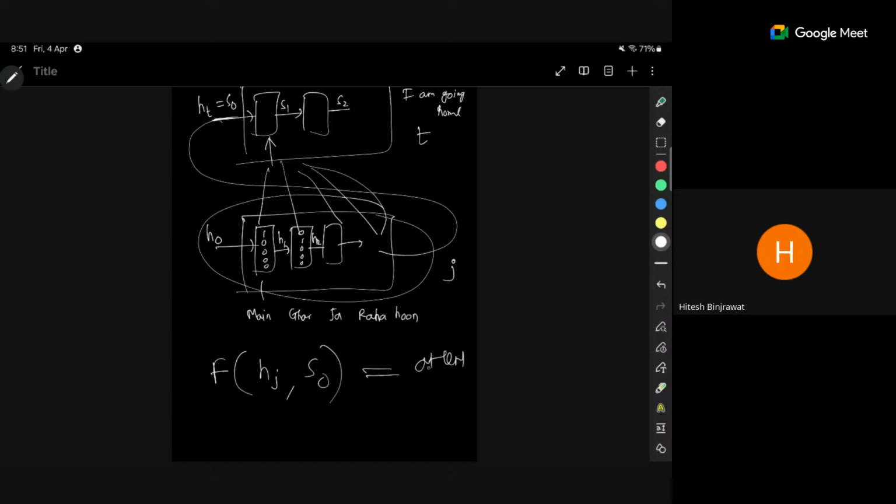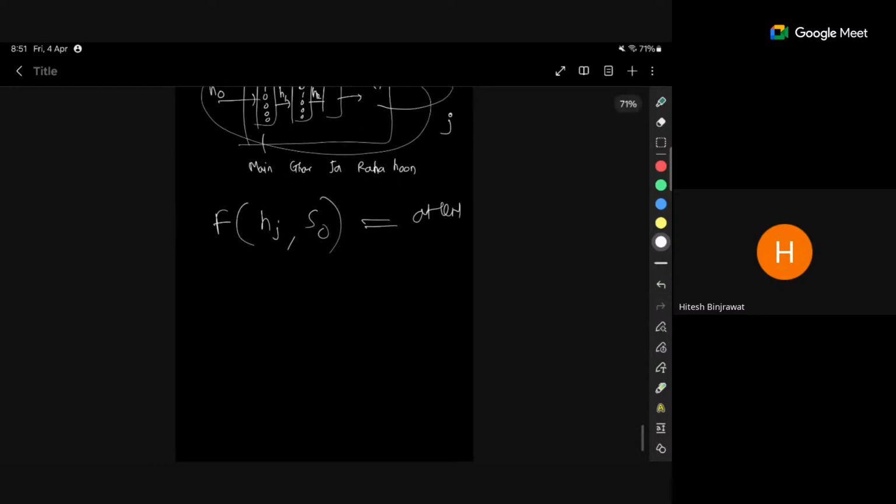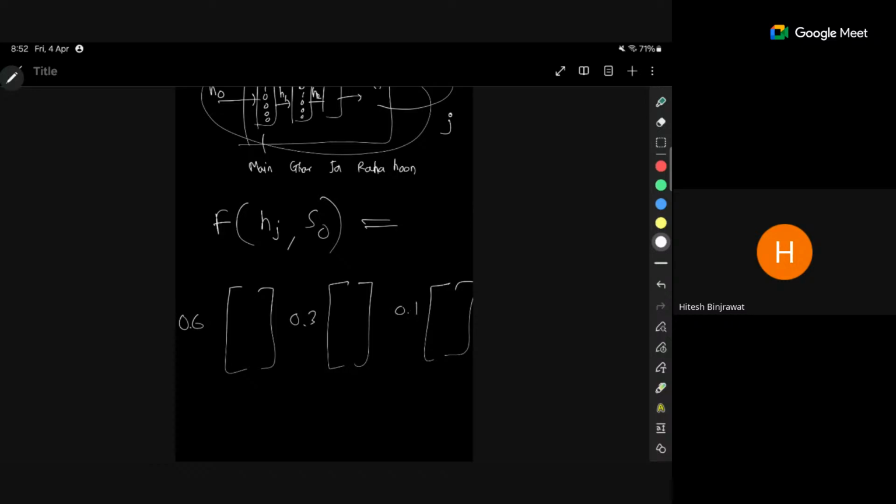So this is my idea: I have these 5 words and I want to know which is important. What could give importance to each word is some numbers. Let's say 5 vectors are there; just for example, you can take 3. This is important by 0.6, this is important by 0.3, this is important by 0.1, right? If I have these values, you can say it is doing the job.